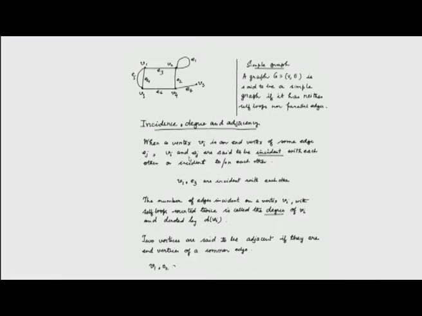V1, V2 are adjacent vertices, but if we consider V1 and V4, they do not have a common edge, therefore, they are not adjacent. V1, V4 are not adjacent vertices.